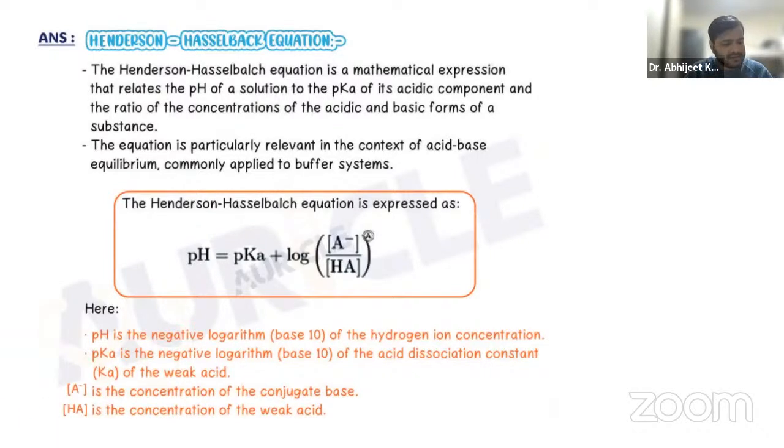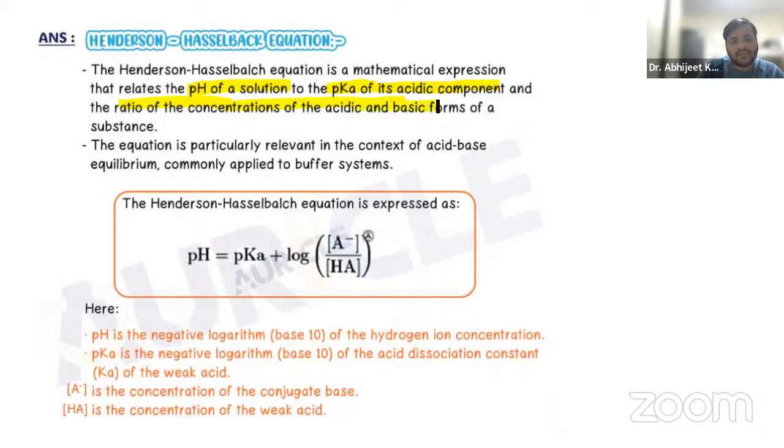The Henderson-Hasselbalch equation is basically a mathematical relationship that discusses the relationship between the pH of a solution and the concentration of its weak acid and its conjugate base.